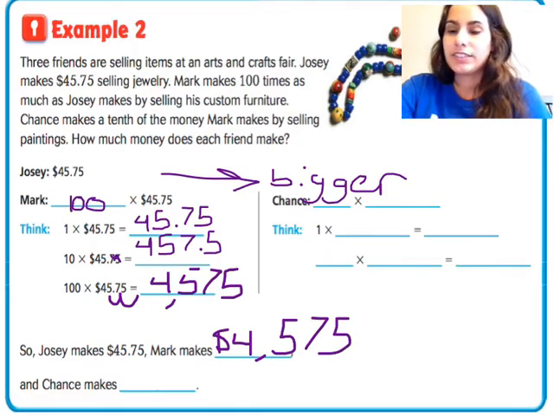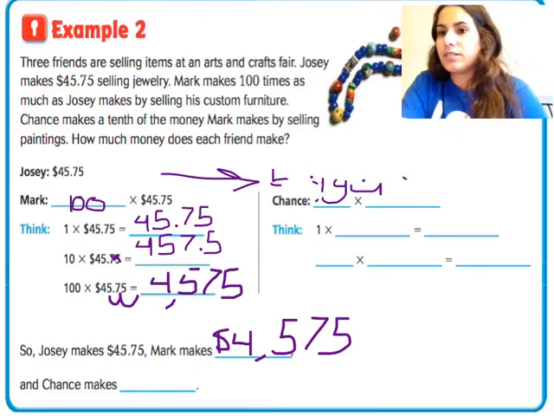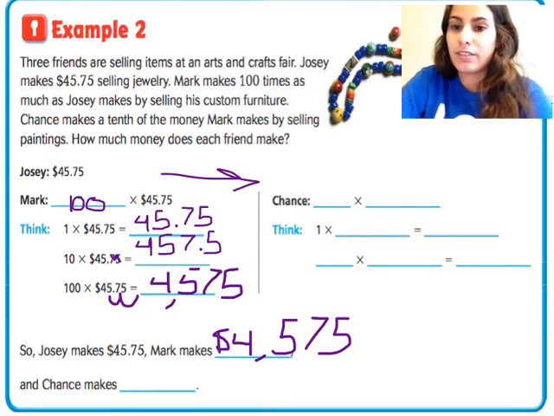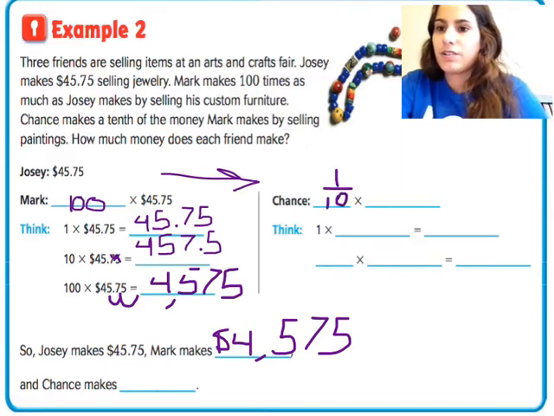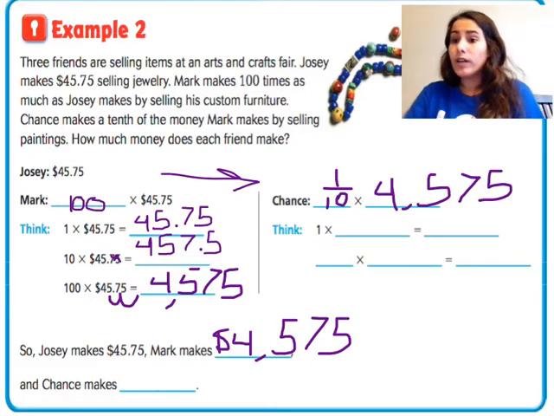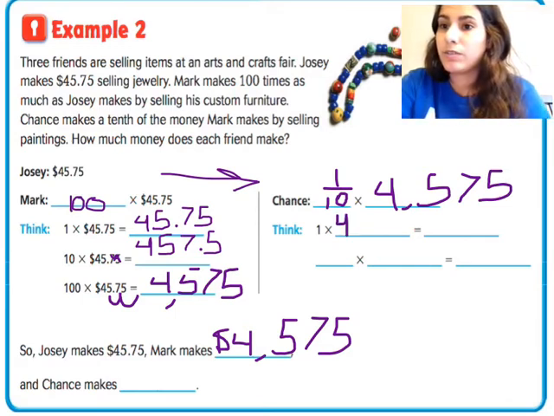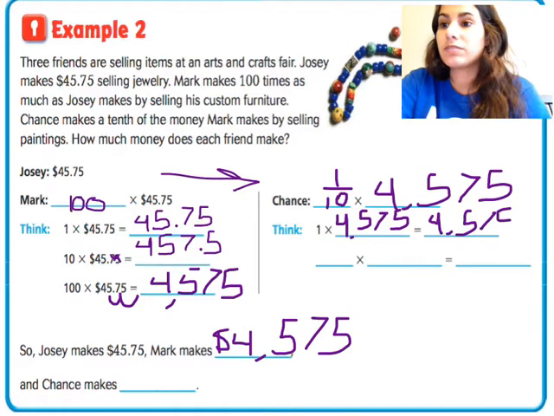Okay, now Chance. Chance makes a smaller amount than Mark does. She makes a tenth of the money that Mark does. So she makes 1/10 of $4,575. 1 times that number, $4,575, is just $4,575.